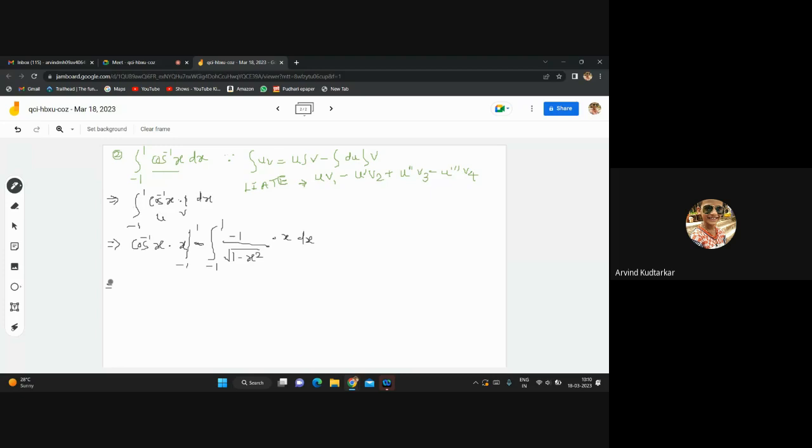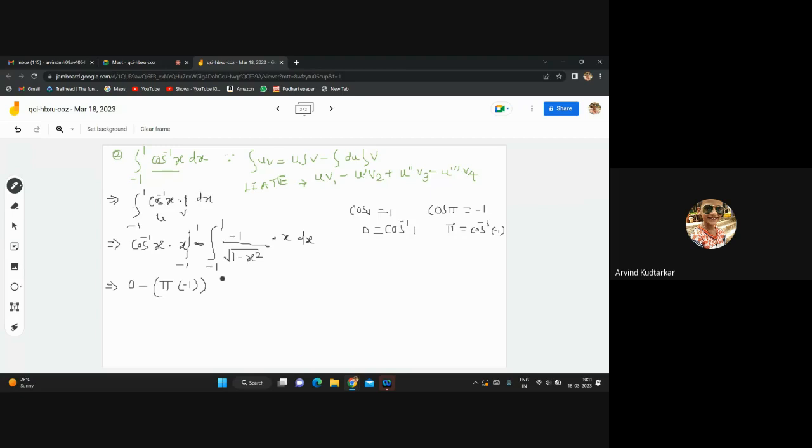Cos of pi, its value is -1. Then pi is nothing but cos inverse of -1. Okay? So when you substitute x is -1, cos inverse of -1 is what, pi. What do you get? Pi. And x is what, -1. This is the value of the first term. This minus and this minus, what does it become? Plus, into the integral from -1 to +1 of x upon root of 1 minus x square into dx. So how to get the solution of such a kind of integral?